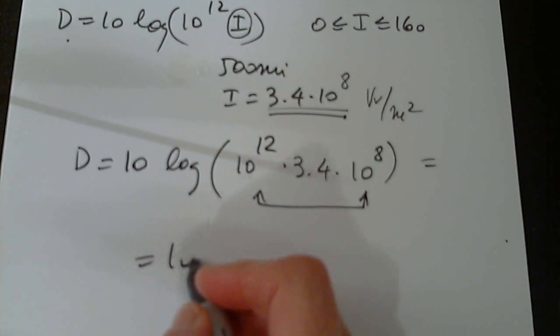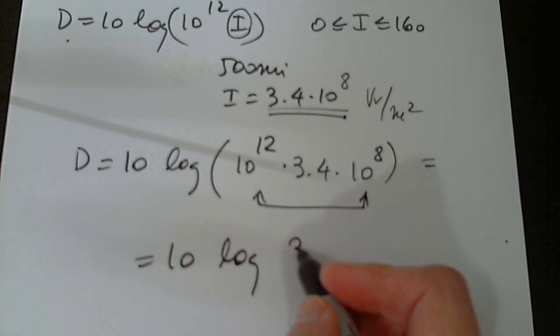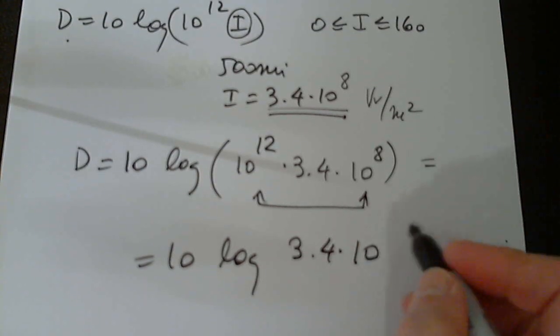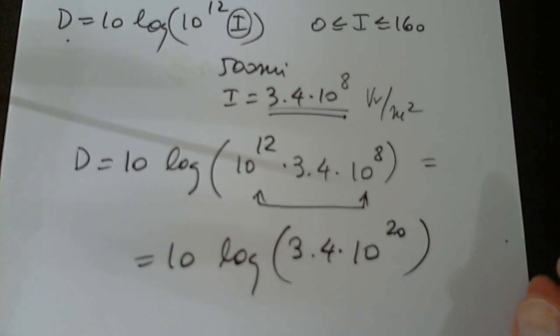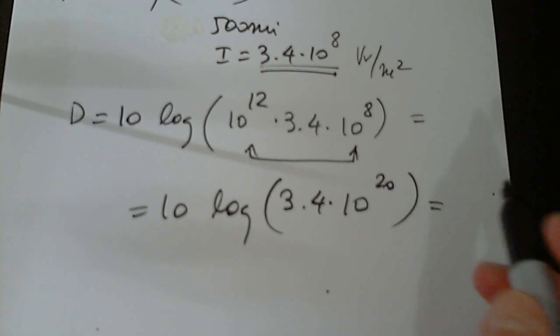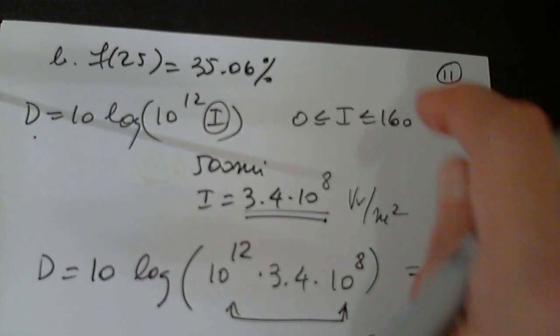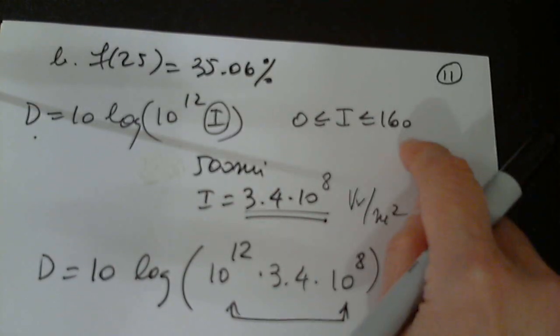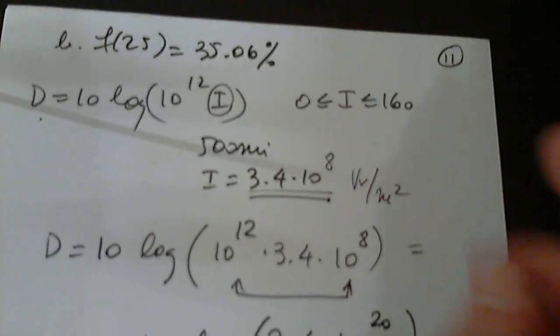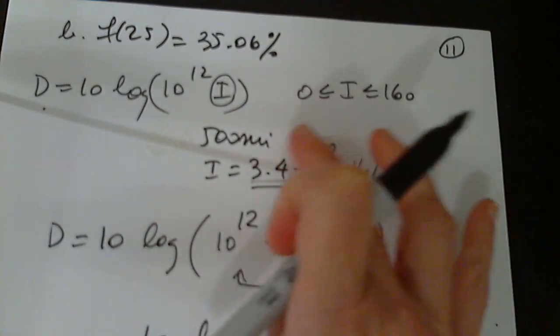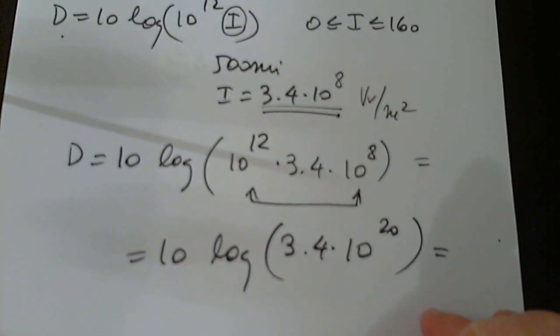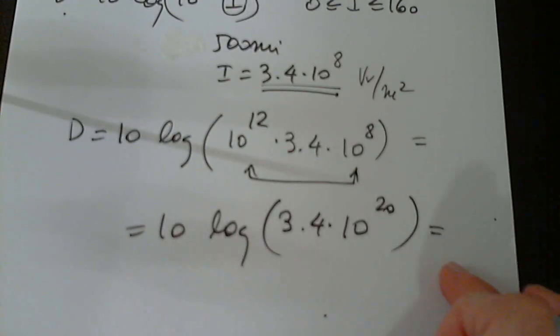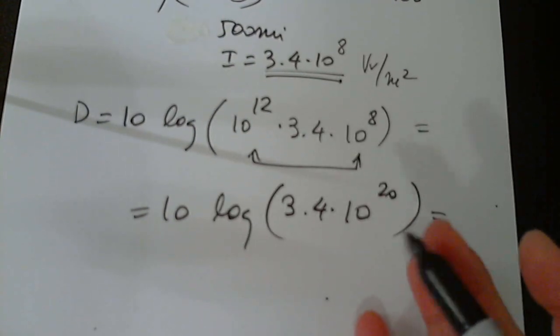So we have 10 common log of 3.4 times 10 to the 20th power. If it is more than 160, it will result in a ruptured eardrum at close range. If it's between 0 and 160, it will not. But I have to find this. I can't do this by hand.